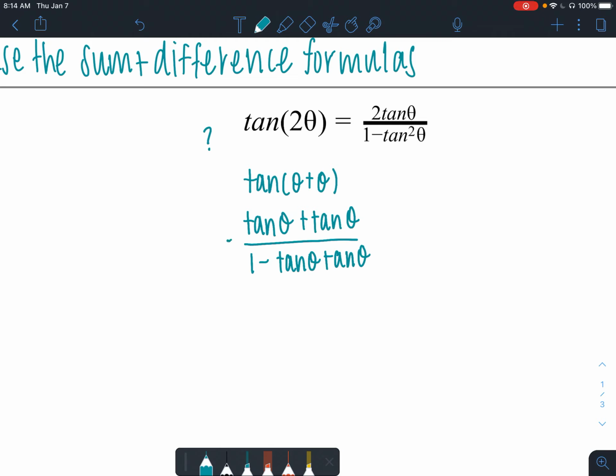We need to show that each step is equal to each other. And 2 tangent theta over 1 minus tangent squared theta is not equal to tangent of theta plus theta, so we have to show this second step here. Then we can combine like terms. So we get 2 tangent theta over 1 minus tangent times tangent gives us tangent squared theta, which is our identity.